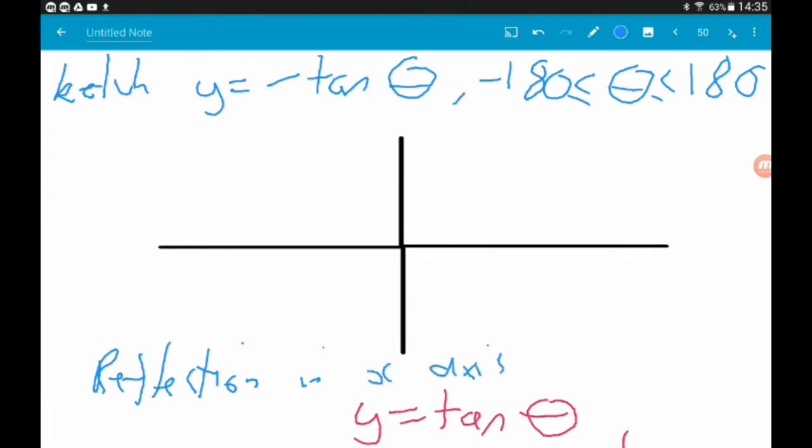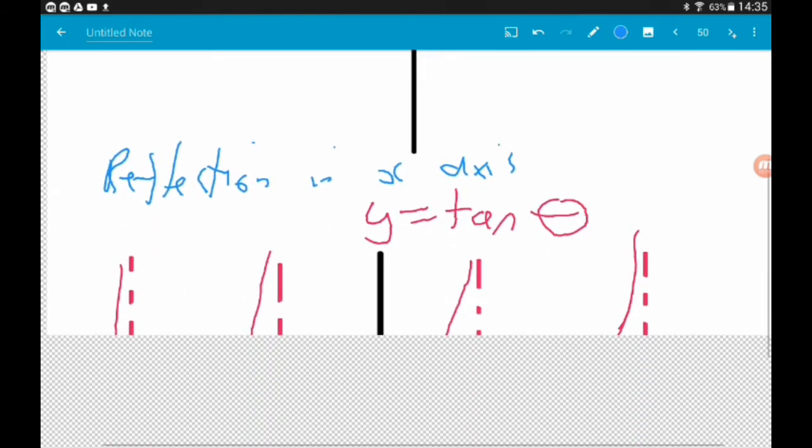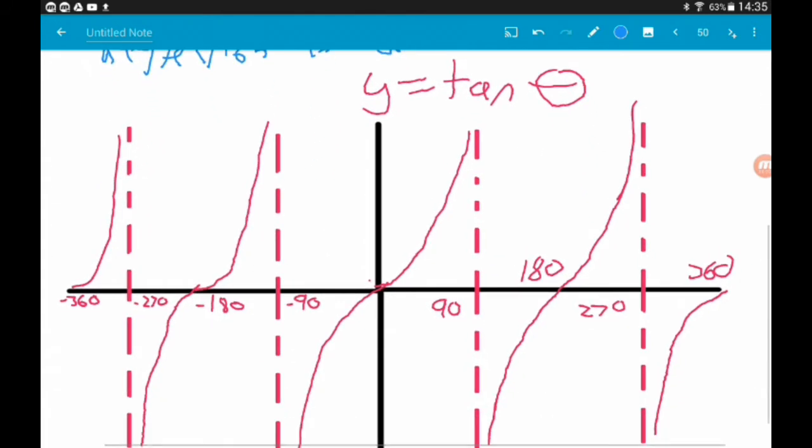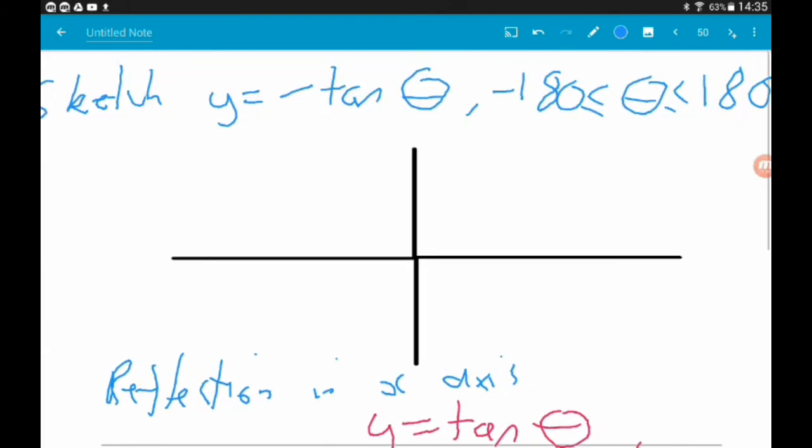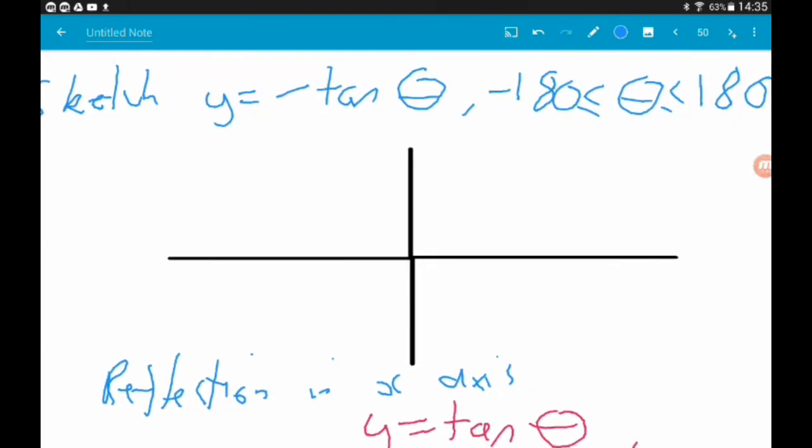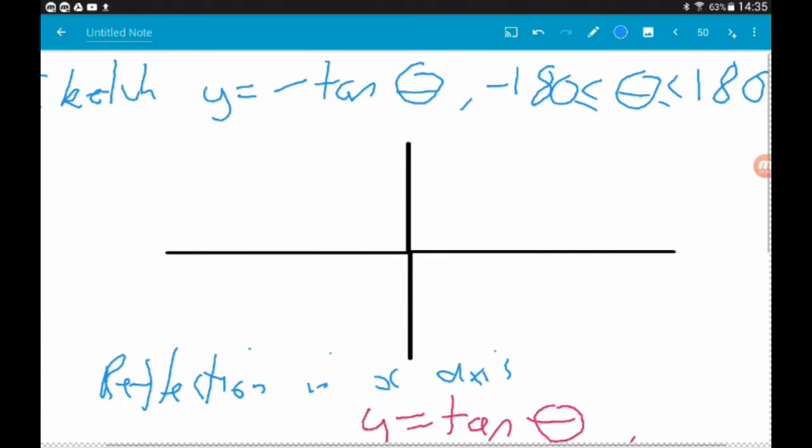So we're going to have exactly the same asymptotes. So down here again is our tan graph. So we're only going to need the asymptotes at 90 and minus 90, because we are only going between minus 180 and 180. So that is going to be our asymptote for minus 90.